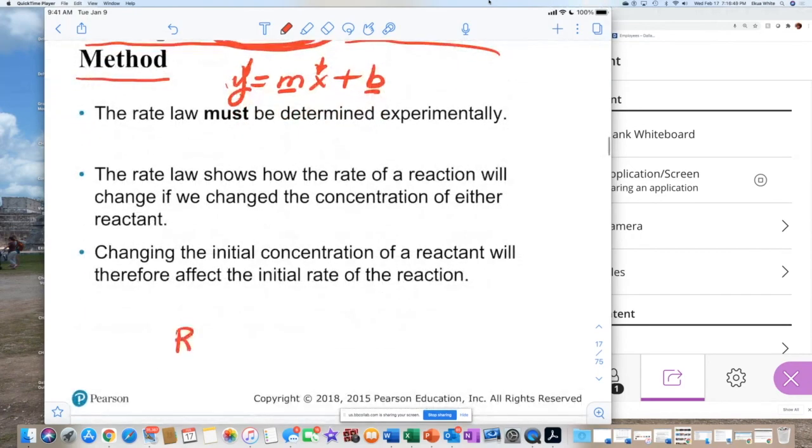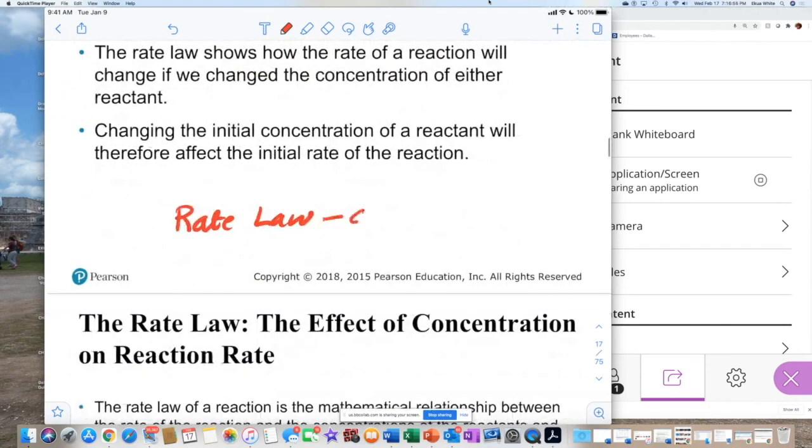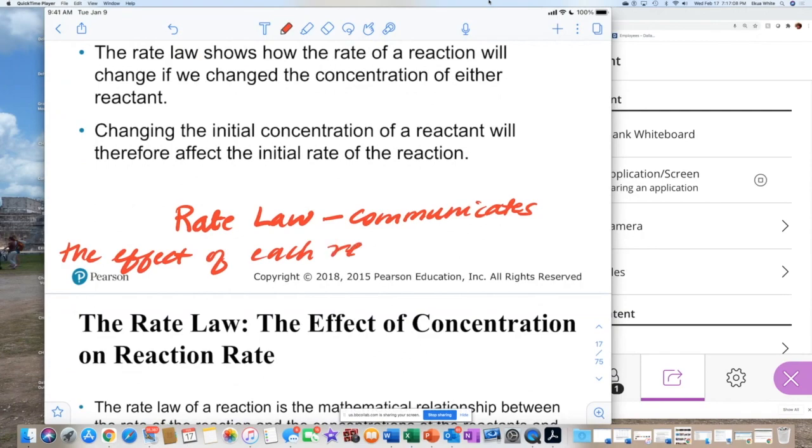The rate law is technically an equation, and it's an equation that communicates something. The rate law communicates the effect of each reactant on the rate of reaction.